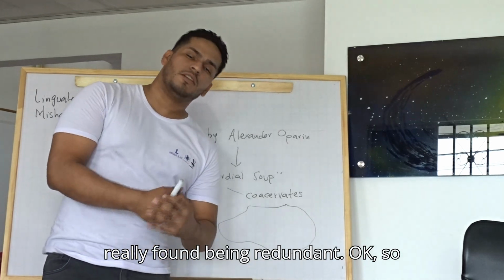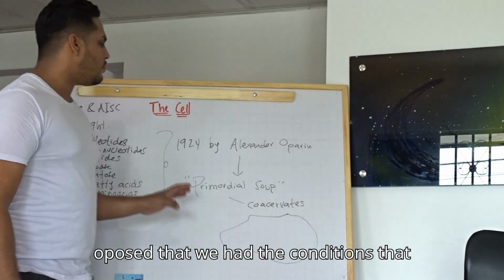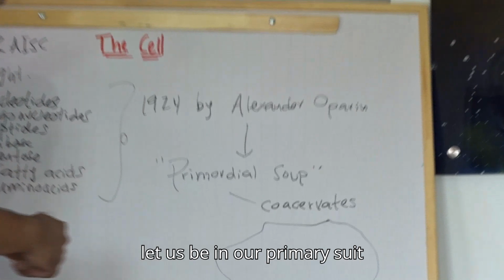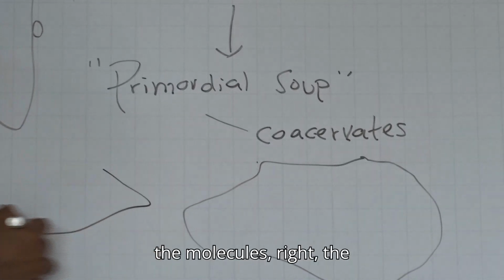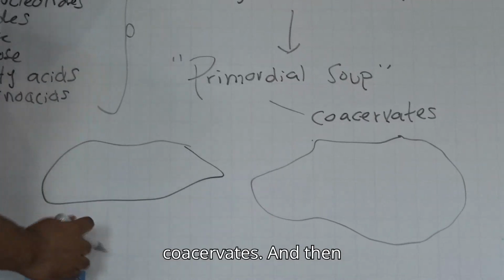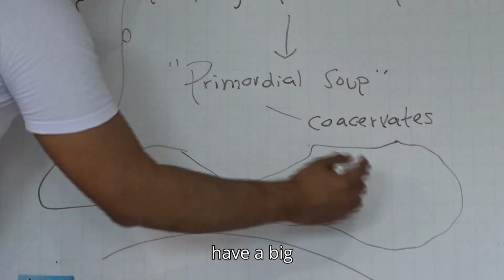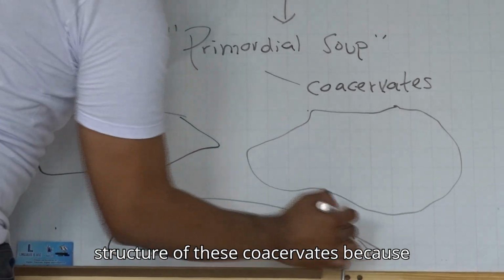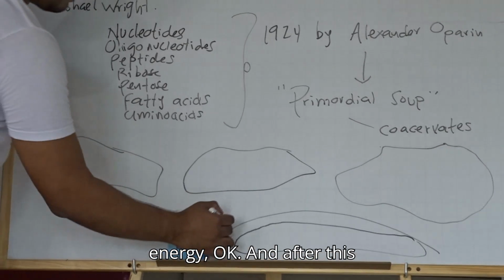Before the cell, Oparin proposed that conditions led to a primary soup, where these molecules consumed other molecules, looking for energy.